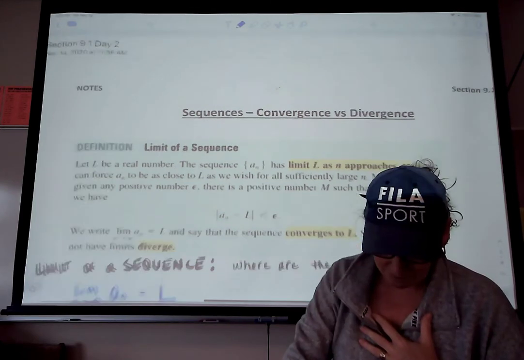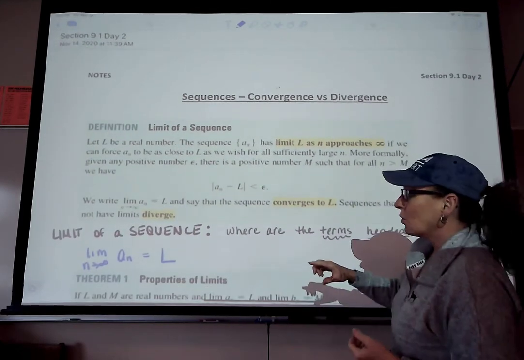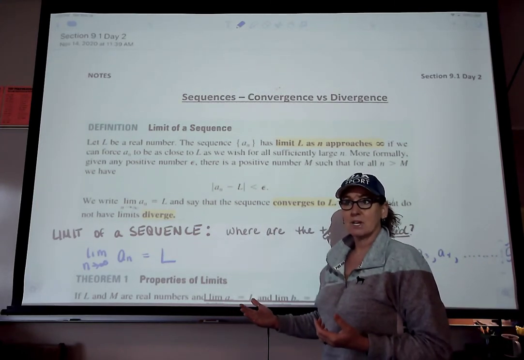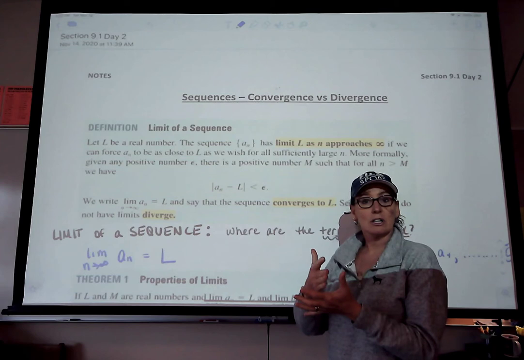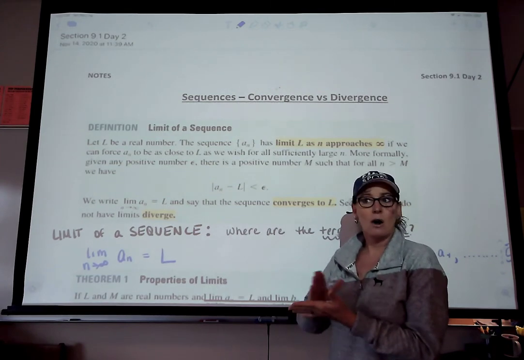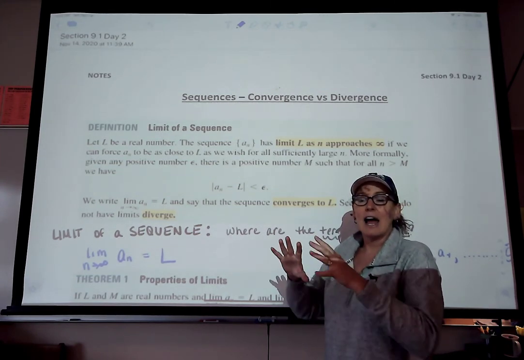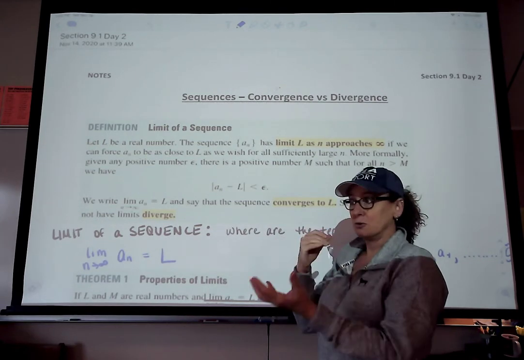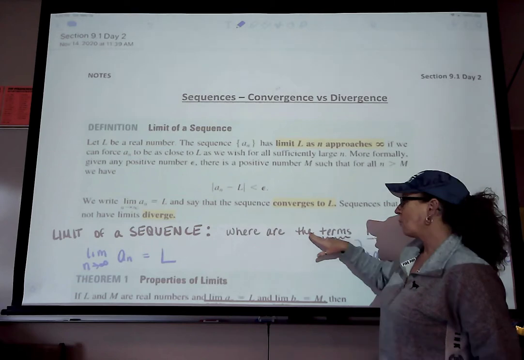Let me make this a little easier for you. We're going to do a limit on our sequence. We may look at our terms individually, or we may look at an explicit rule for our sequence. But we're going to do a limit on our sequence. We're going to figure out where the terms are headed.